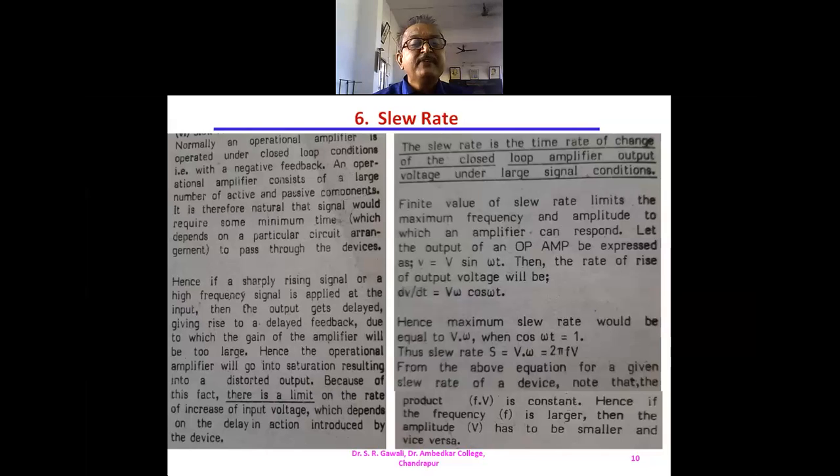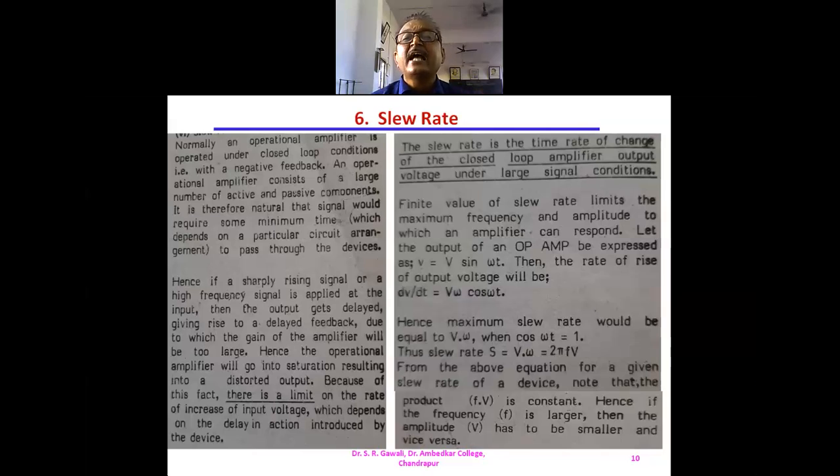And because of this fact there is a limit on the rate of increase of input voltage, which depends upon the delayed action introduced by the device.